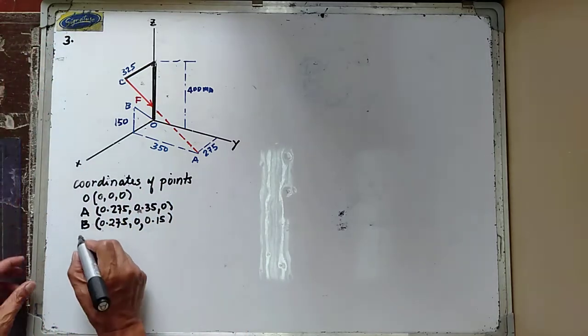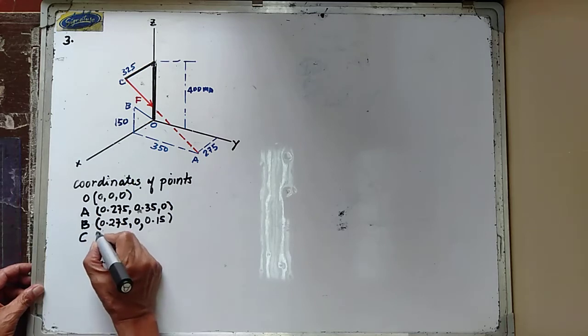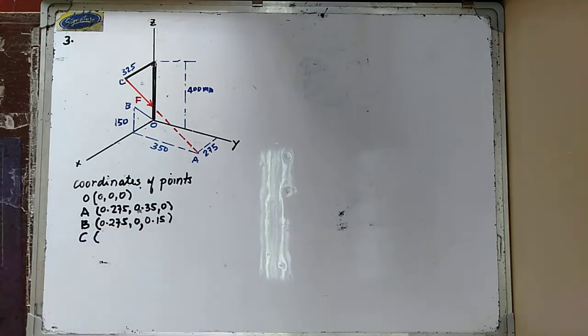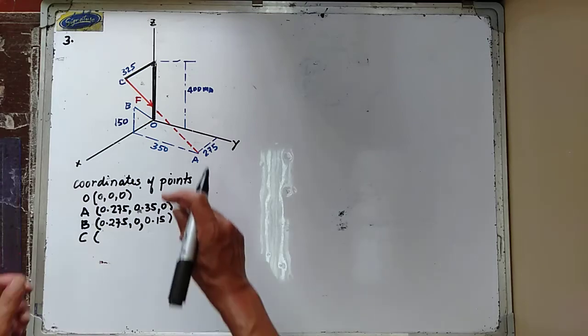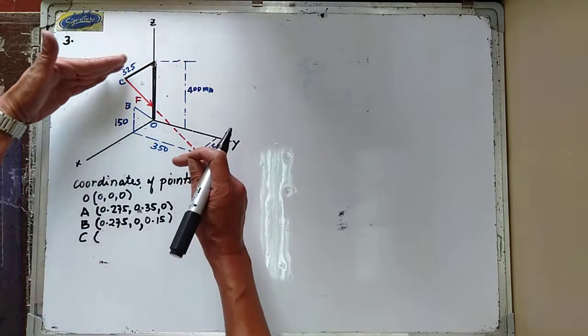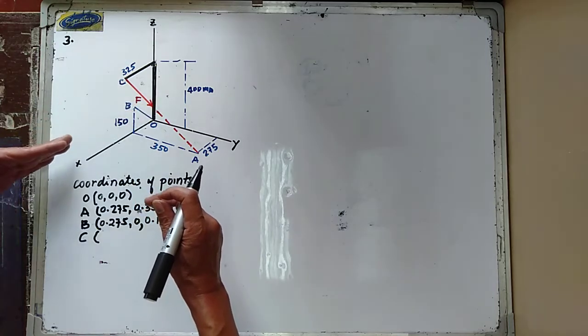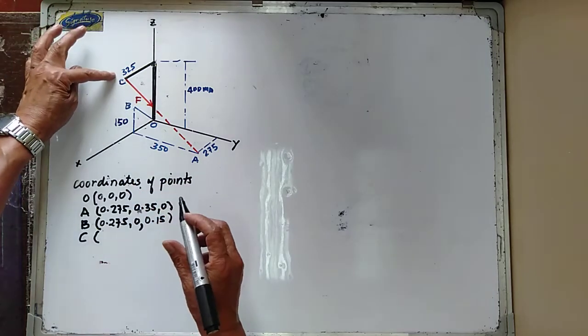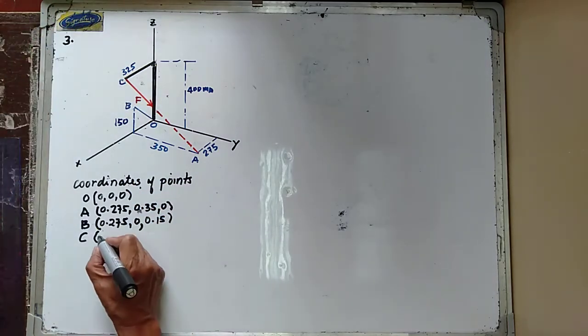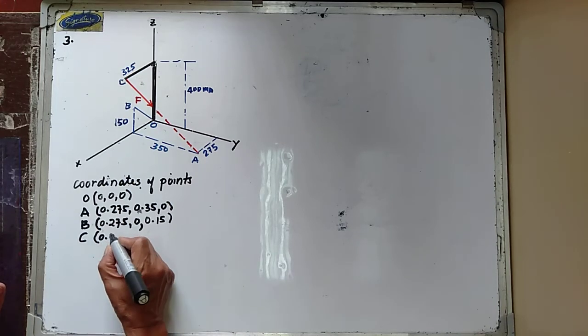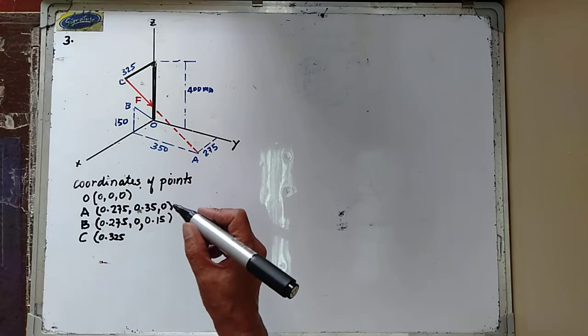We still have your point C. So the coordinates of point C in the x-axis is, this is the lever parallel to the x-axis, 325 mm, or that is equal to 0.325 meter.